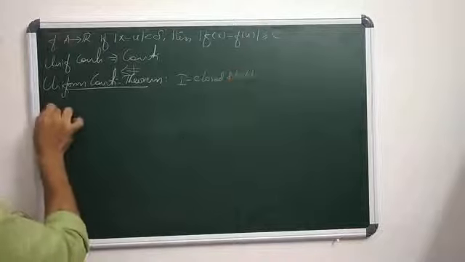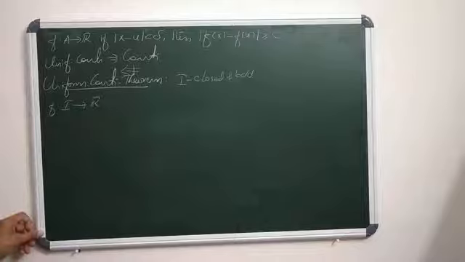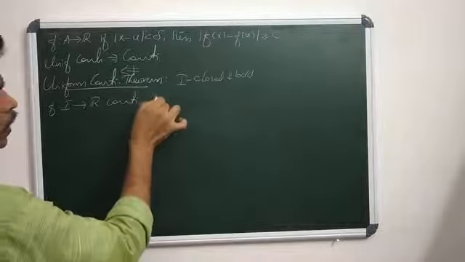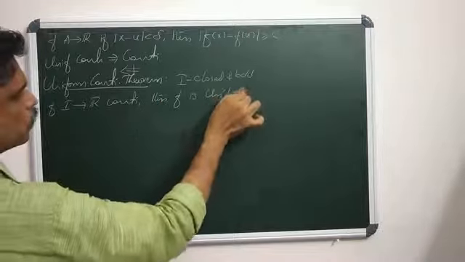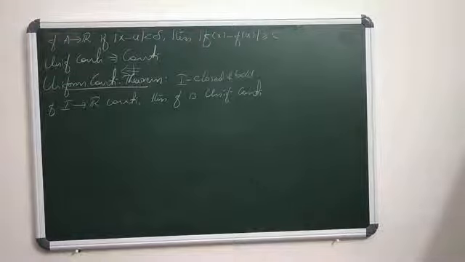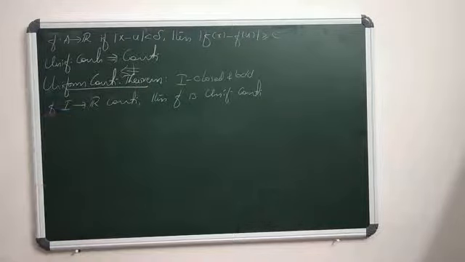Then a continuous function f from I to R is uniformly continuous. So this is the theorem. The uniform continuity theorem says that if I is a closed and bounded interval and f from I to R is a continuous function, then f is uniformly continuous.